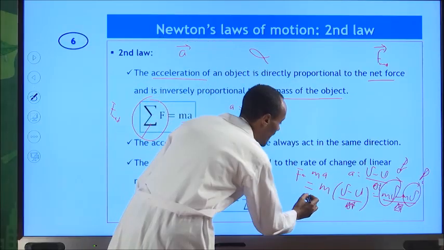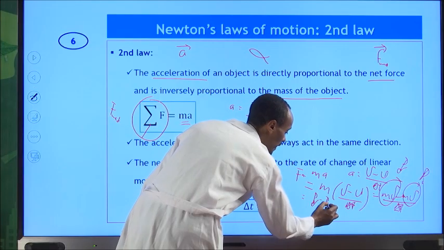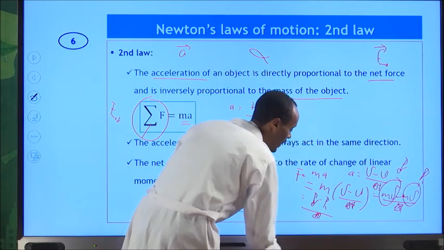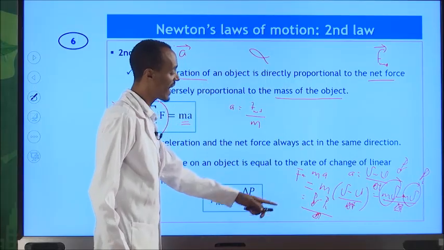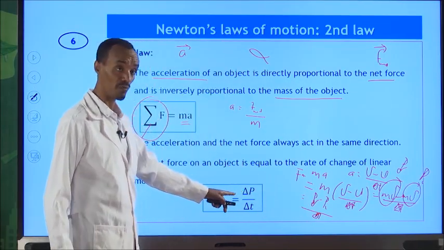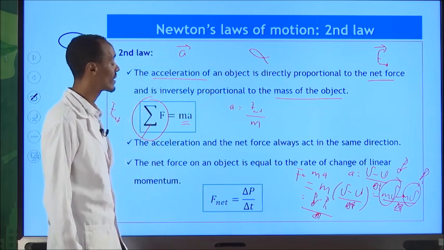So simply you can write this as p final minus p initial divided by delta t. The difference between the final and the initial momentum of an object is the change of momentum with time, and we call this Newton's second law.